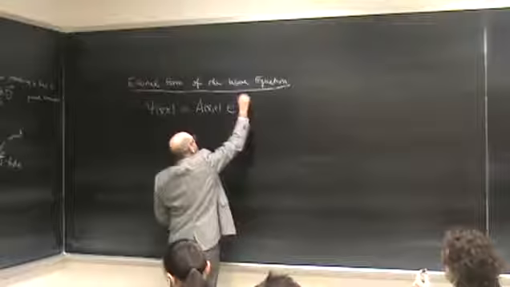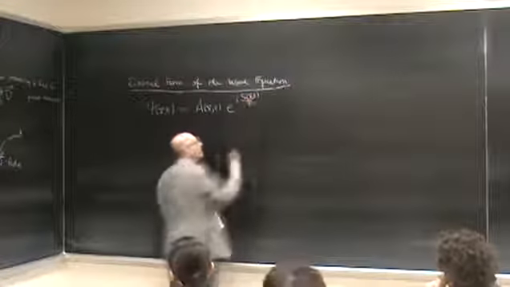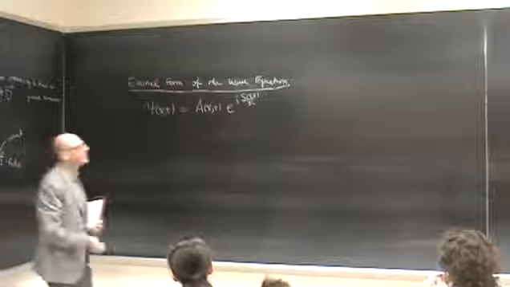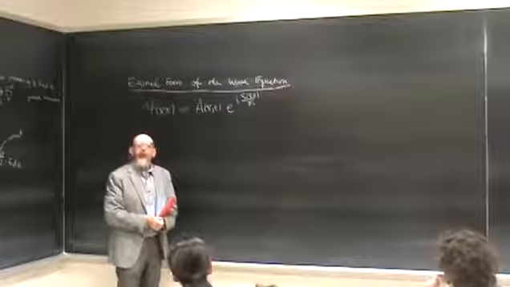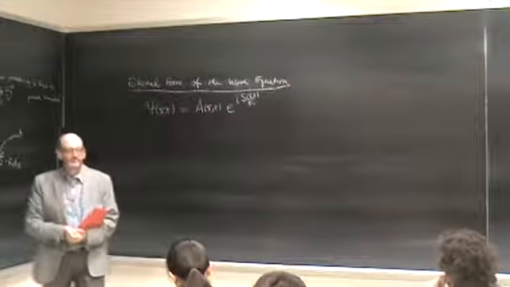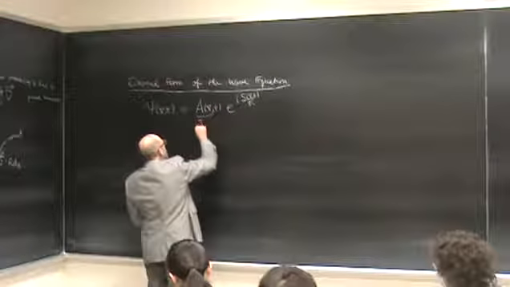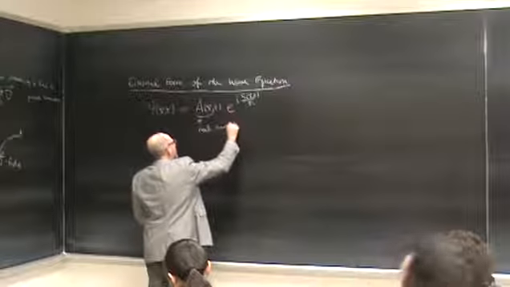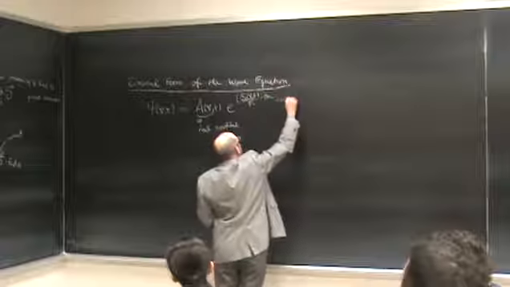Now that phase I'm going to write in units of h bar for reasons that will become apparent later. You don't have to do that, but I'm just going to write it so that it has the units of h. So this is the amplitude and the phase.